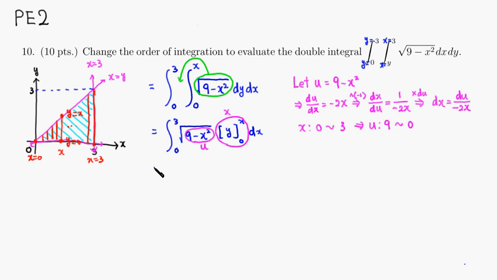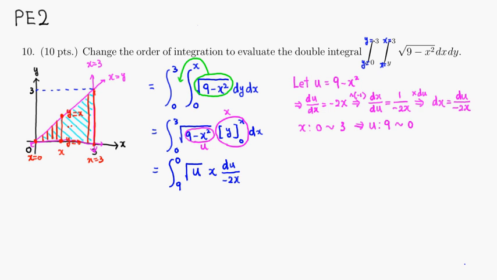So this integral can be rewritten as the integral from 9 to 0 of the square root of u, and I'm going to leave this x as it is for now. dx is the same thing as du over negative 2x.